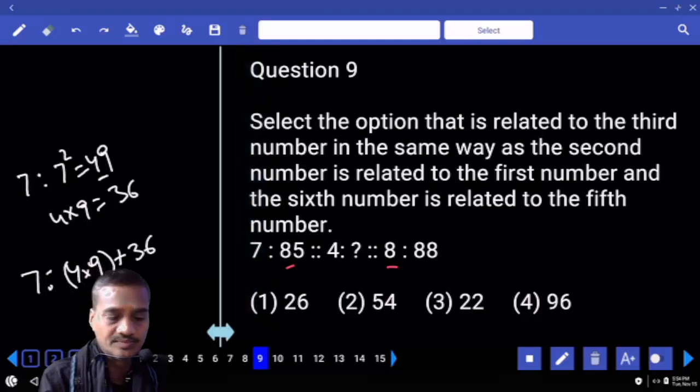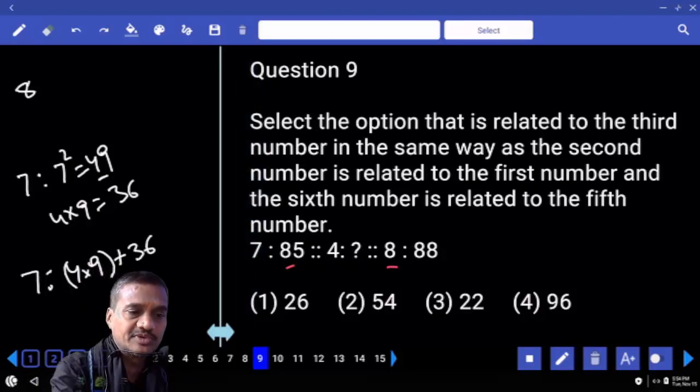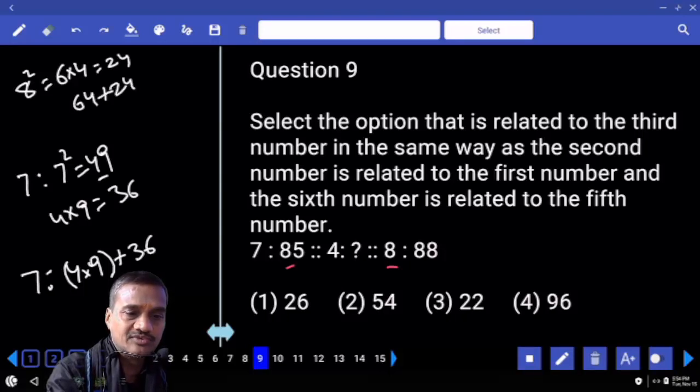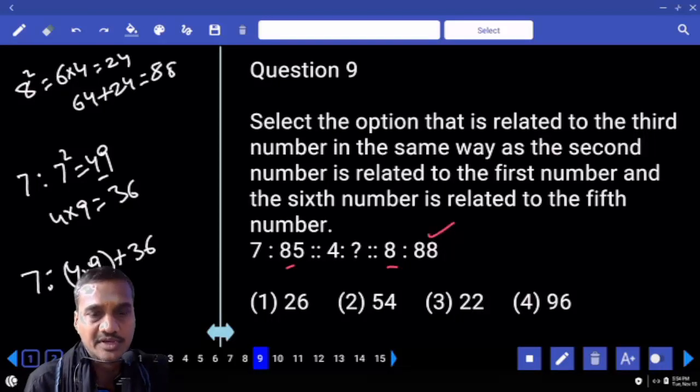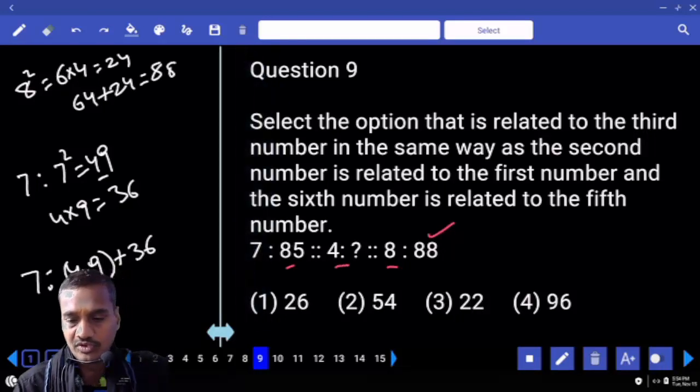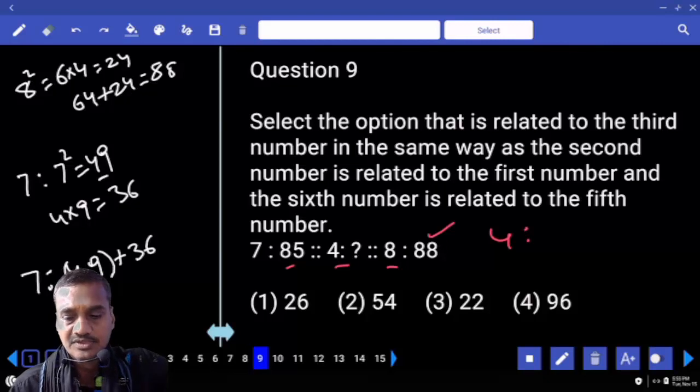Now let's see 8. 8 square is 64. The product of digits 6 and 4, 6 into 4 is how much? 24. And 64 plus 24, what is the number we have? 88. Similarly 4: 4 plus, 4 square is how much? 16.